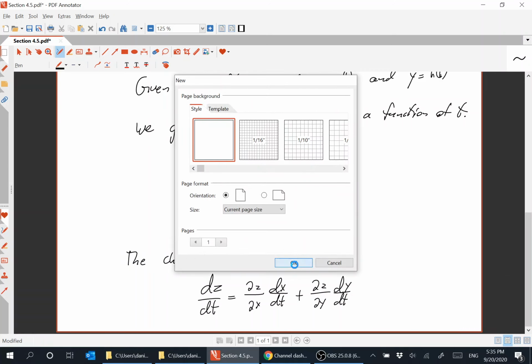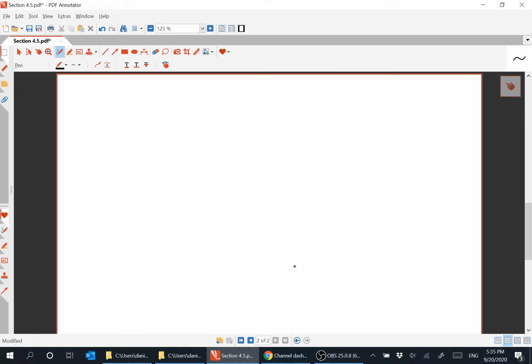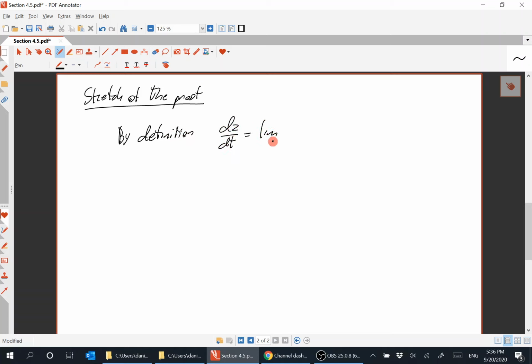The proof is not too difficult now that we have this concept of the differential from before. So a sketch of the proof of the chain rule. By definition, dz dt is equal to the limit as delta t goes to 0 of the change in z over the change in t.